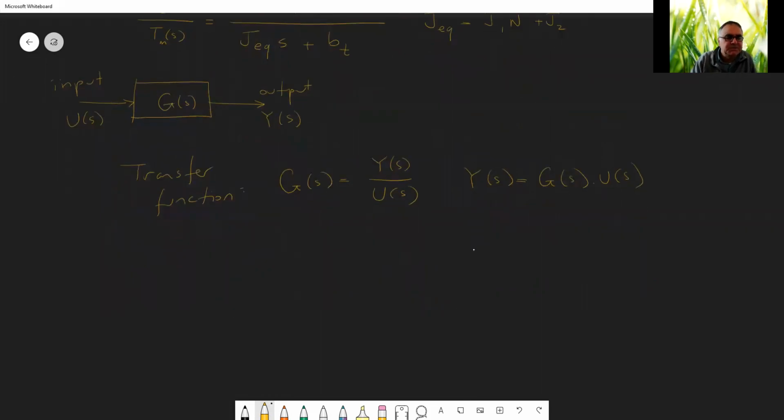Actually, what this represents is a physical system with a certain differential equation.